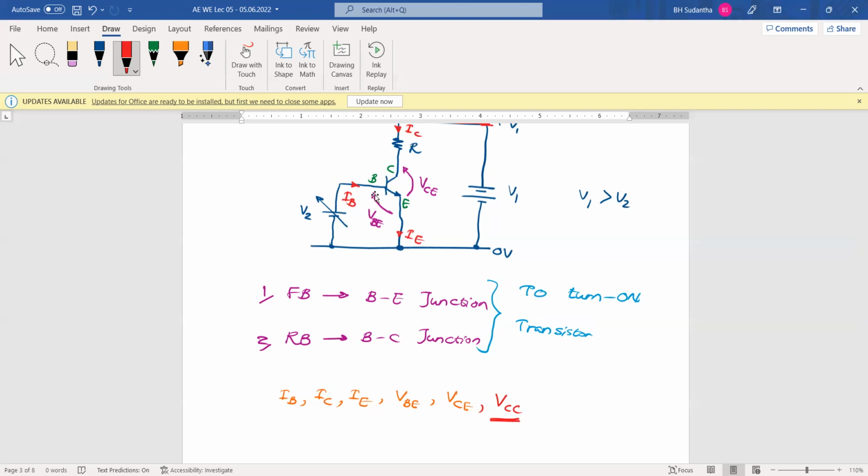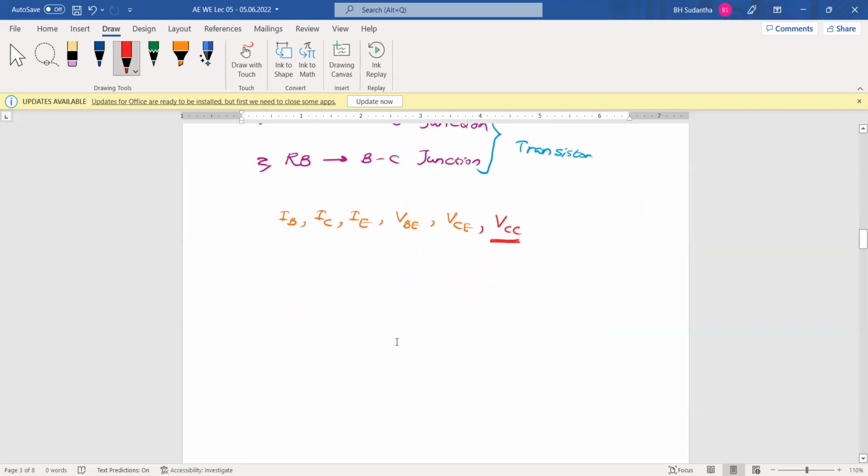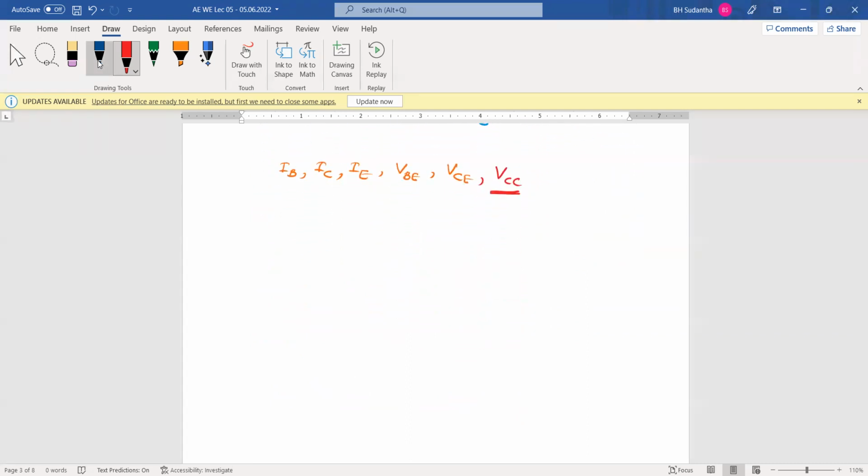Then can we draw a graph? Can we draw a VI characteristic curve for this base to emitter junction? Yes, we already know about that. Okay. Considering this one, we can draw a characteristic curve for this.